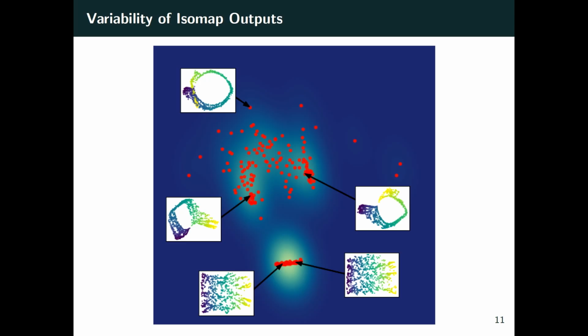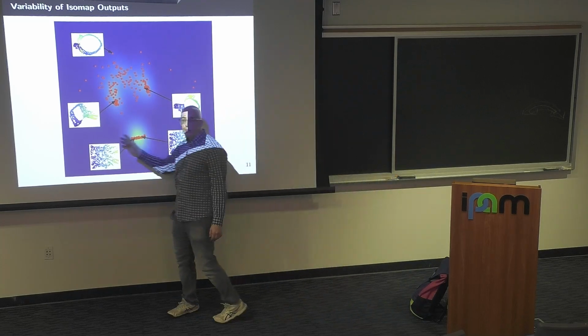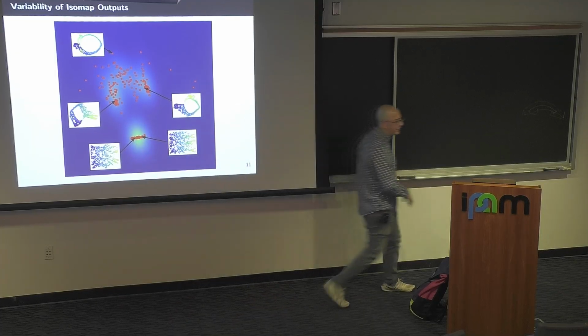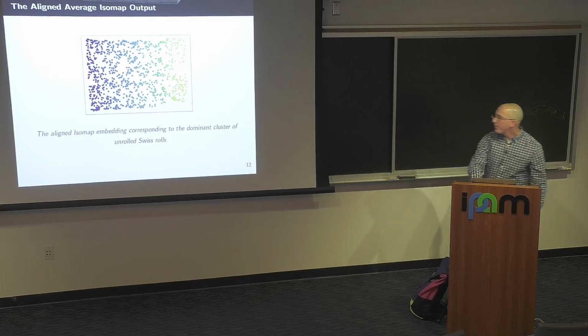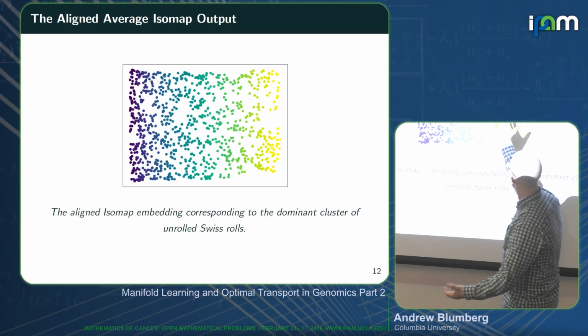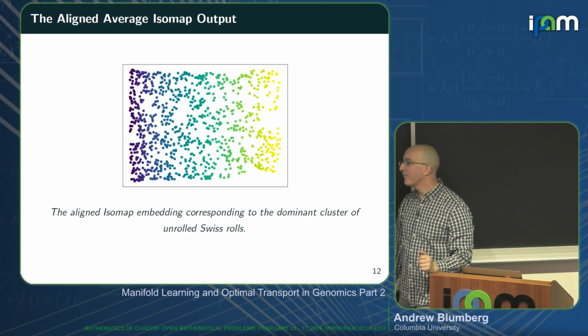So you can use persistent homology as a criterion for finding this kind of thing. And then at the end of the day, once you've picked this cluster, you can do an averaging in the Gromov-Wasserstein space to get a final coordinate output. What you get when you average these aligned things is something that looks more or less like you want it to, the unrolled Swiss roll.